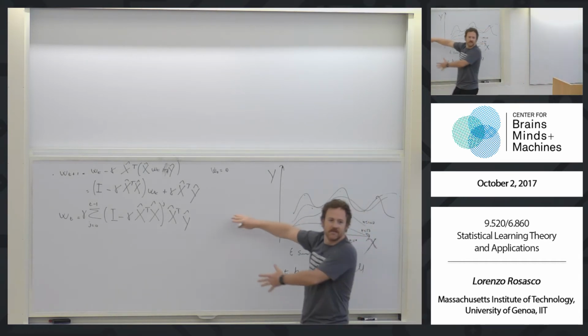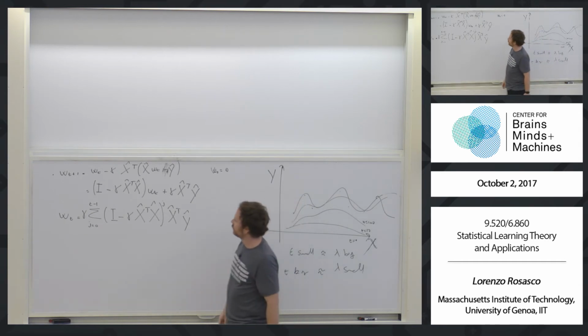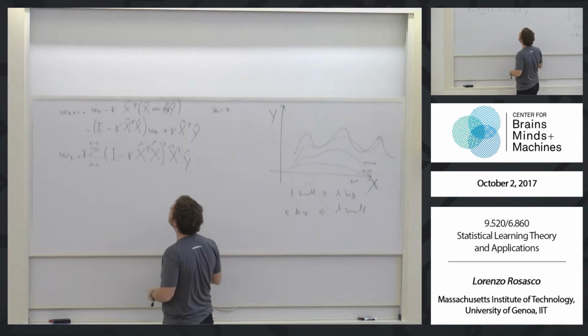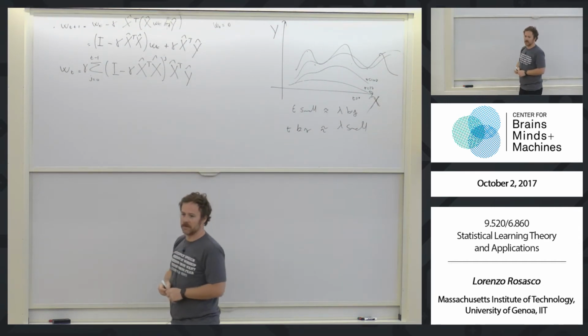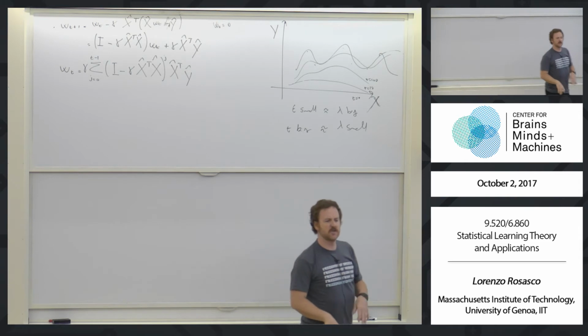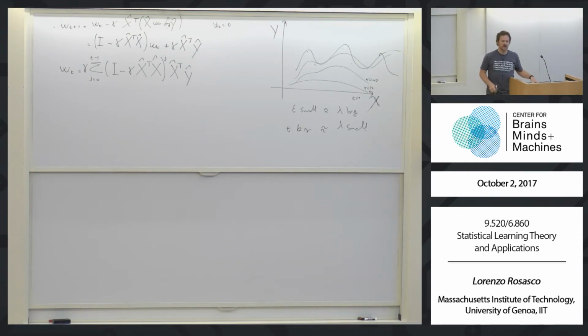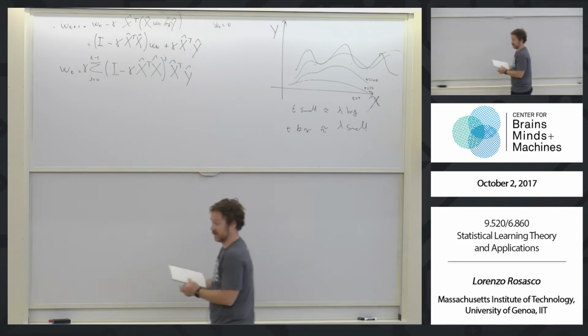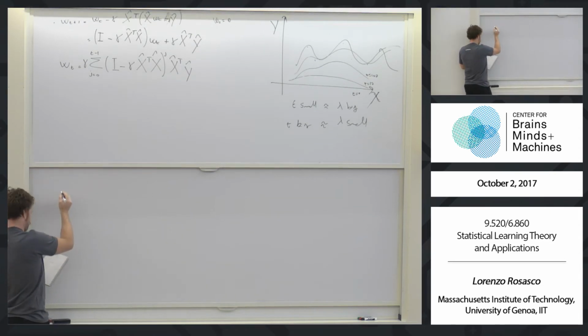This is awesome. Why? Well, x was a number. I'm going to assume for this discussion that x transpose x is invertible, to make the discussion a little easier. So remember a few facts.